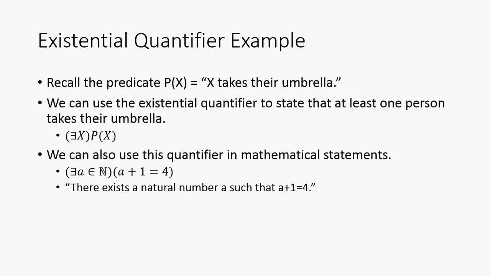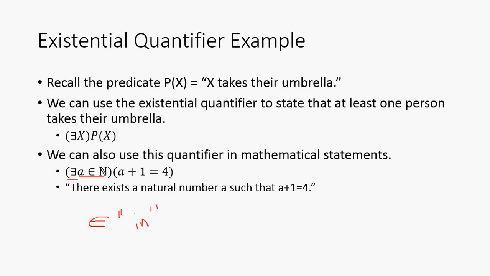And we can also use this quantifier in mathematical statements. For example, this is read as there exists a natural number a such that a plus 1 is equal to 4. So here's our there exists a natural number a right here. So a in the natural numbers. That's what that E symbol represents. That's in, I guess.